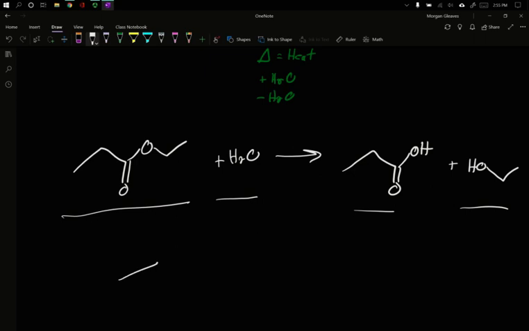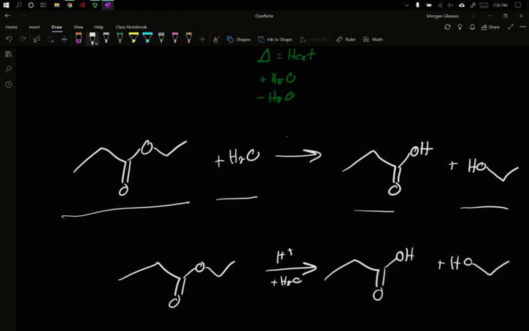You could also have it with an arrow, H+, H2O. And realistically, we would have had some acid catalyst up in that original one. And so these are two ways to write what is effectively the same reaction, breaking an ester apart into a carboxylic acid and an alcohol.